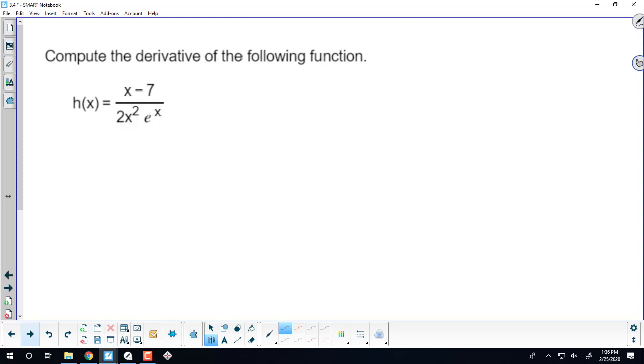What's it called? Derivative of x. It would always be derivative of x.